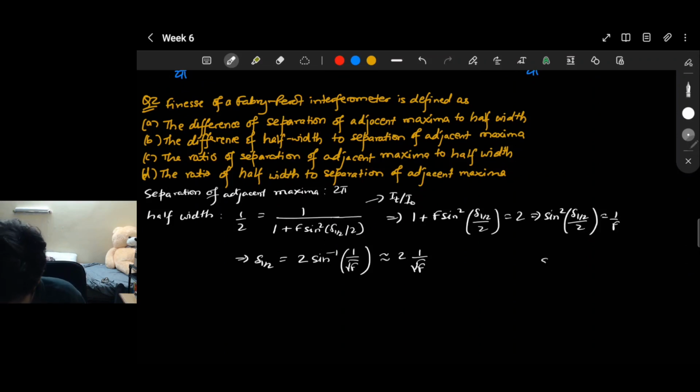This is because sine theta is approximately equal to theta for small theta.